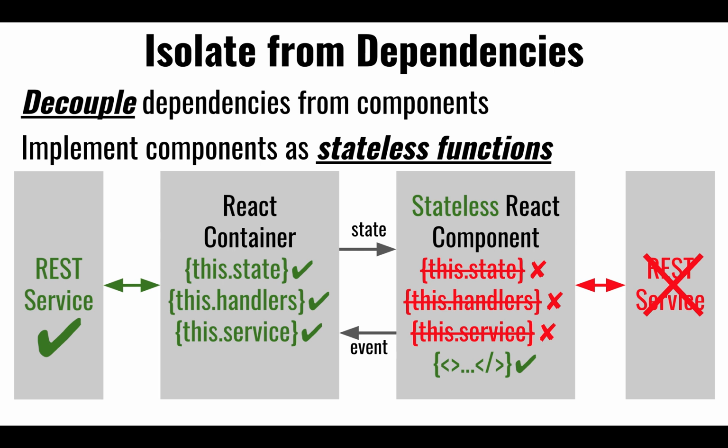But it's not even going to be responsible for the services of fetching the data. Instead, it's going to be designed in such a way that this service is going to be injected from outside. We're going to be able to parameterize this service so that the React container is now going to be responsible for the life cycle of that service.